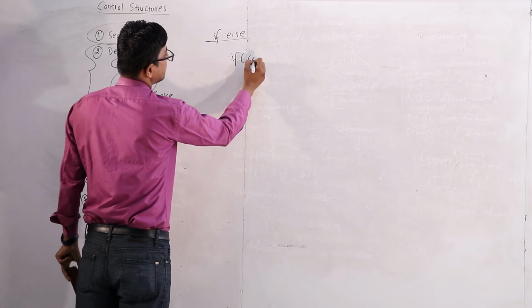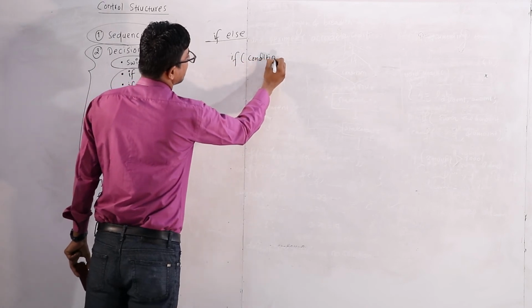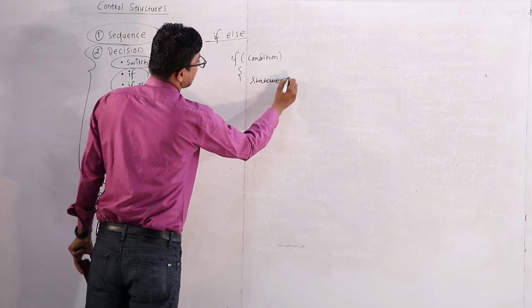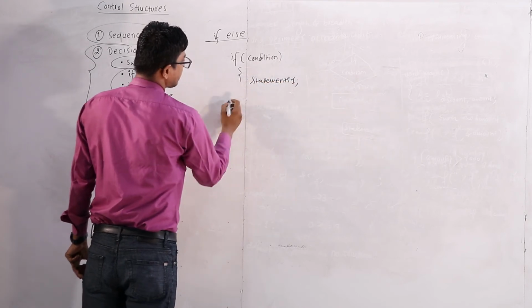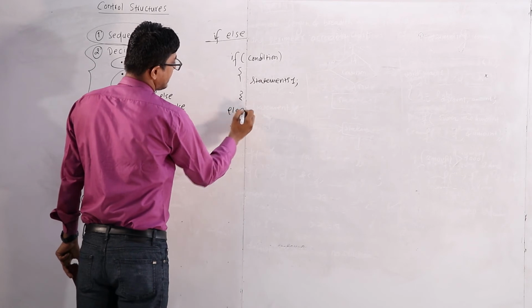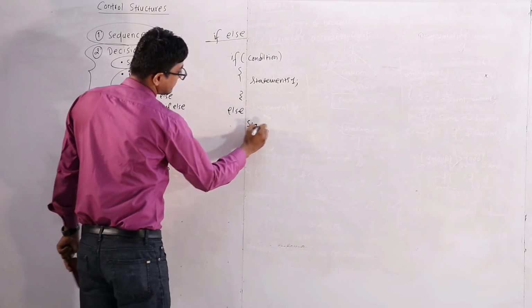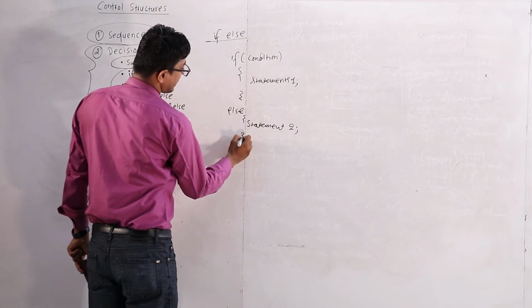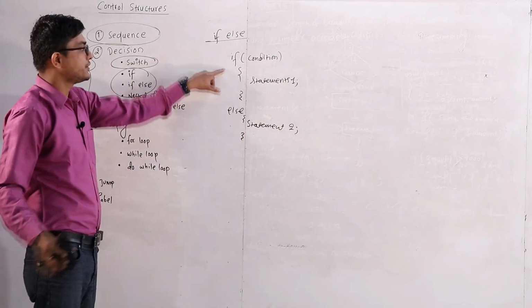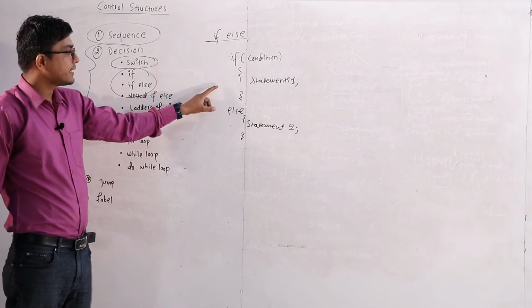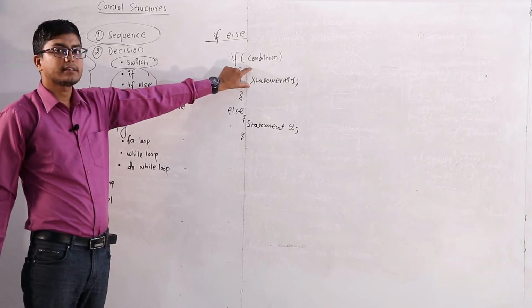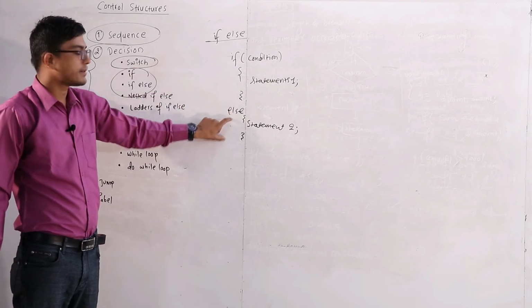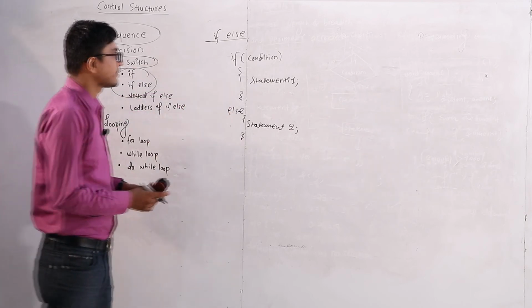Syntax is: if (condition) statement 1; else statement 2. It is not compulsory to write the curly braces here. If there are multiple statements, then you have to write the curly braces, otherwise curly braces are not required.